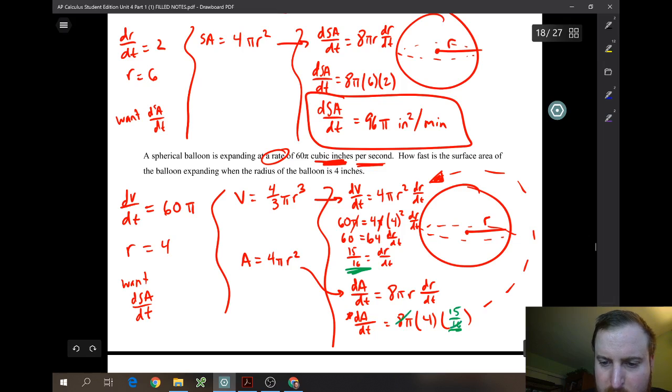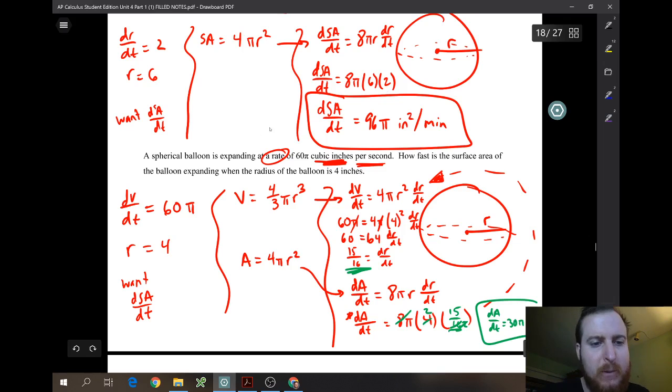So those can cancel out to 2, and that can cancel out to another 2. And so we're going to get dA/dt equals 30 pi, and we need our units. So the units of area are units squared. In this case, we have inches. So inches squared per, and in this case, the time was per second. And so that's how those work.